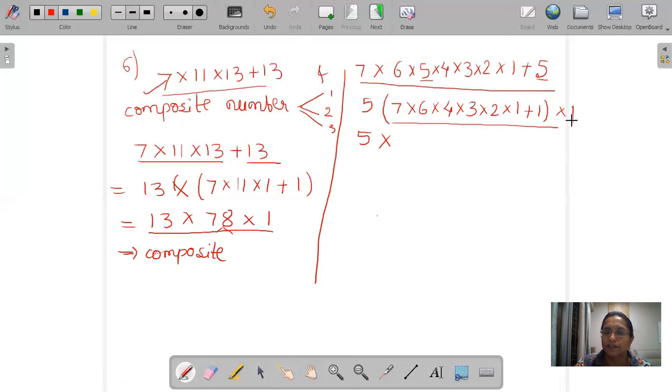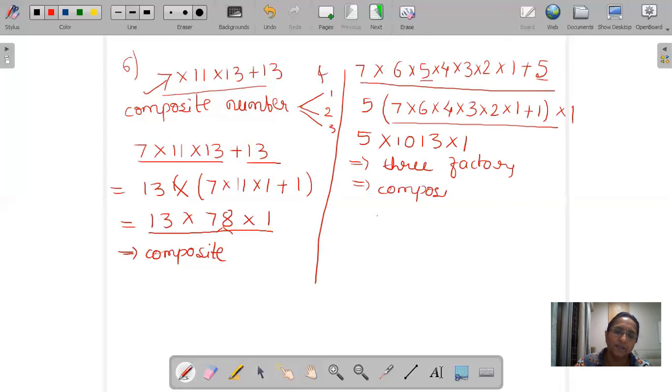So it shows there are 3 factors. But still I'll multiply this and the answer is 1013 into 1. This implies there are 3 factors. Once it has 3 factors, this implies it is composite. Sometimes these simple examples are also important.